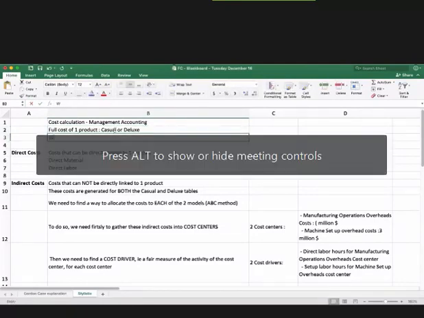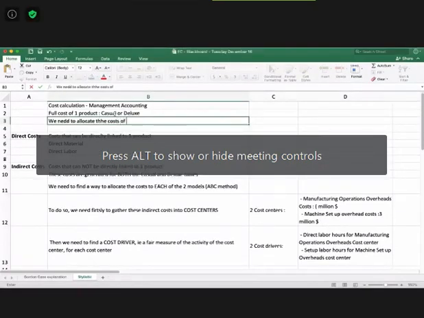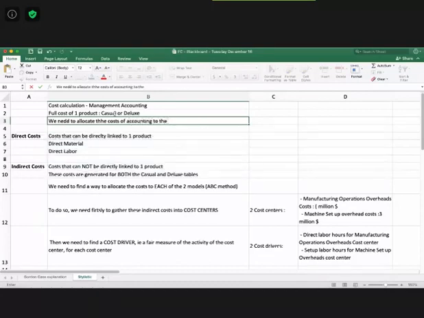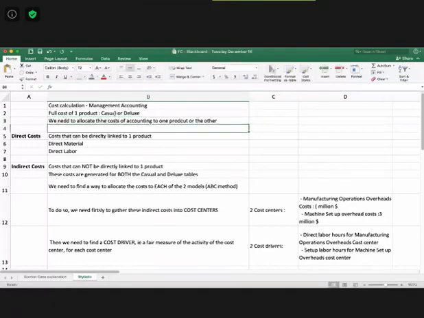So we need to allocate the cost of accounting to one product or the other. Basically, all the costs you can find in your accounting: purchases, taxes, transportation, electricity, and so on.